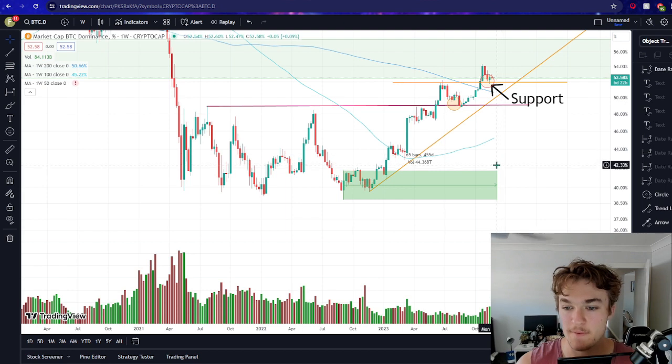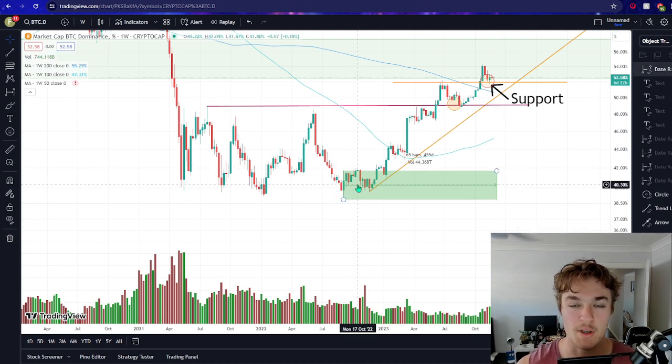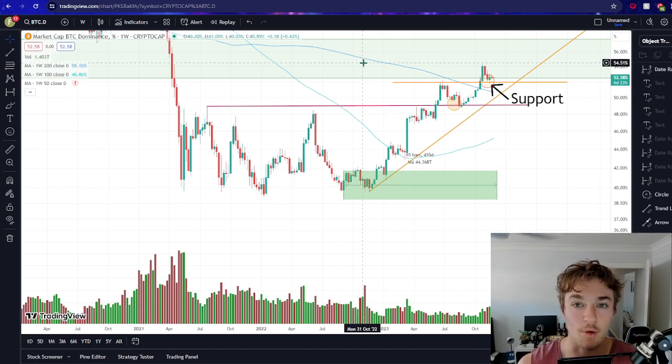Over the last 65 bars roughly, Bitcoin dominance has been increasing, meaning that Bitcoin has been outpacing altcoins, or pretty well outpacing the entire crypto market cap. Now, of course, during that period, Bitcoin has been rising in price, as well as many other altcoins.